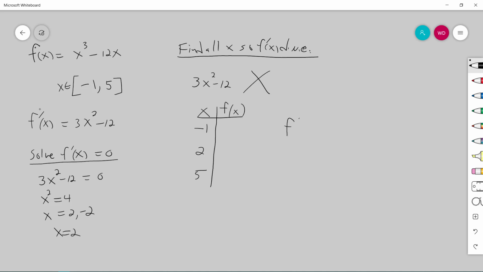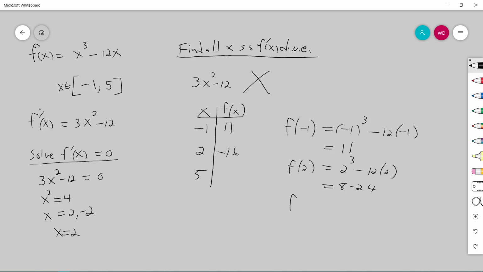So f of -1 would be -1 cubed minus 12 times -1, and that certainly is -1 plus 12. That would be 11. And f of 2 would be 2 cubed minus 12 times 2, and that's 8 minus 24. That would be -16.